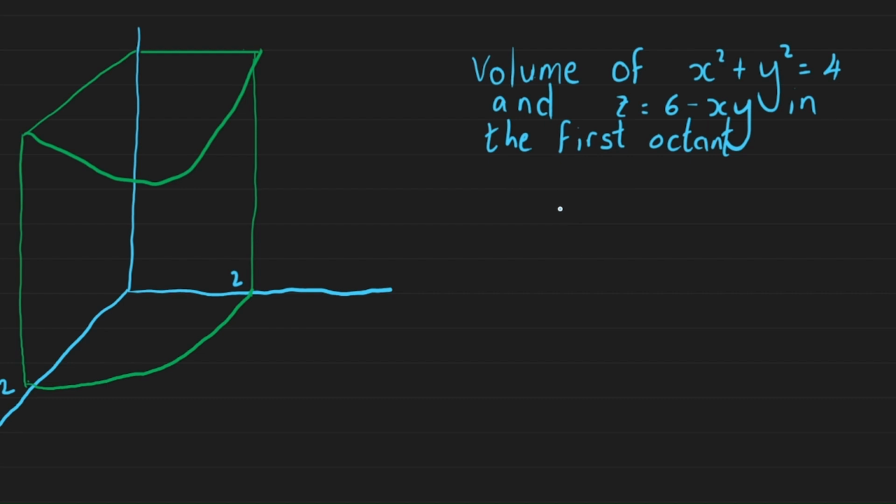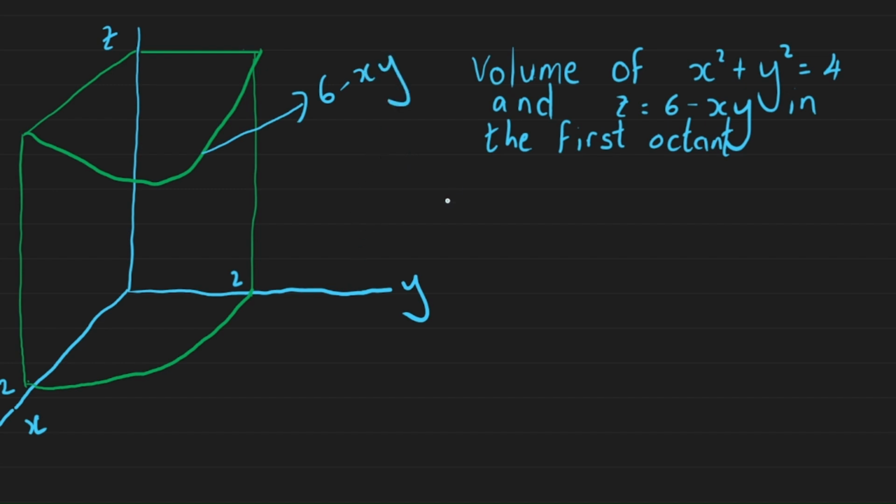Now the other thing we need to take into consideration is the other plane that it's bound by, z is equal to 6 minus xy. That would be this plane on the top. It's not distinctly a cylinder, but it has a somewhat parabolic looking shape like that. So this is 6 minus xy.